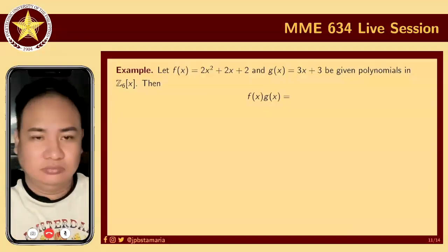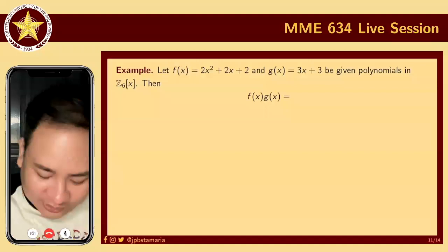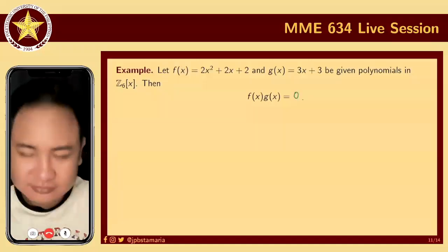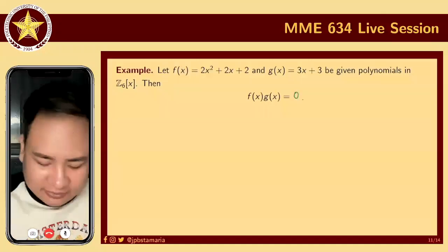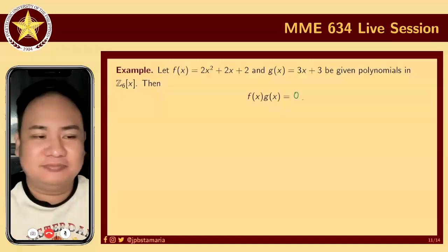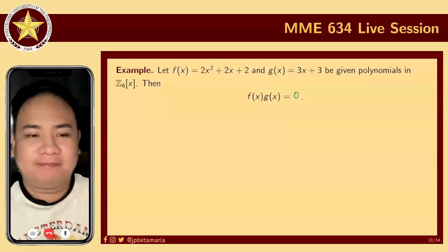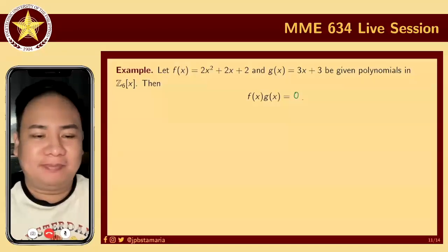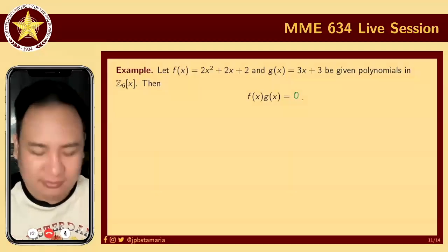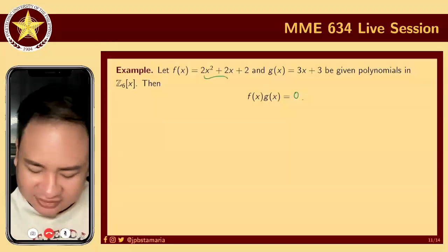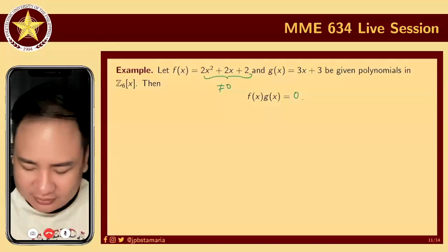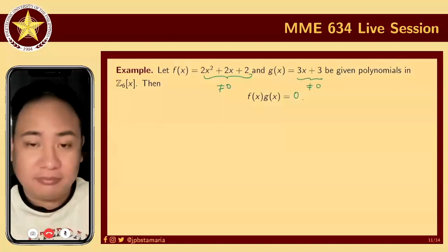Parang 0, sir. Zero, no? So, this means what? Thank you, Leonard. This means what? Non-zero. Non-zero, but the product is zero.